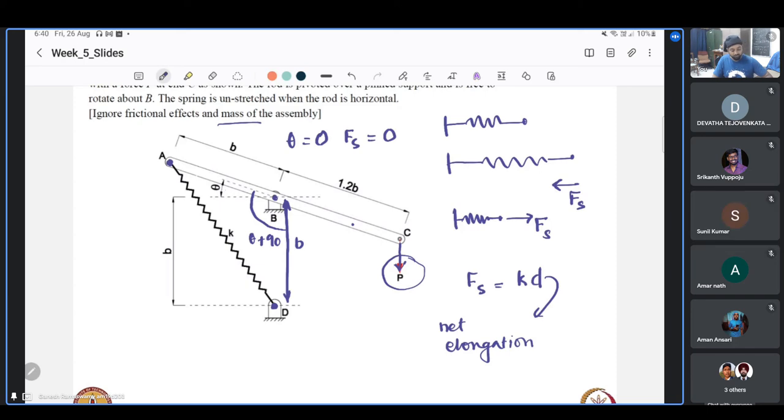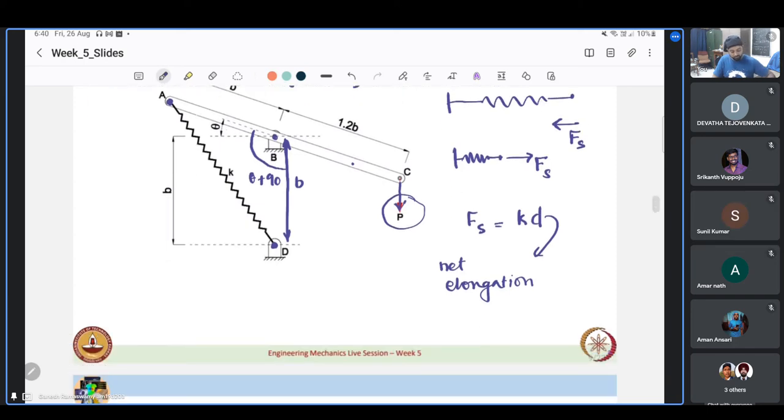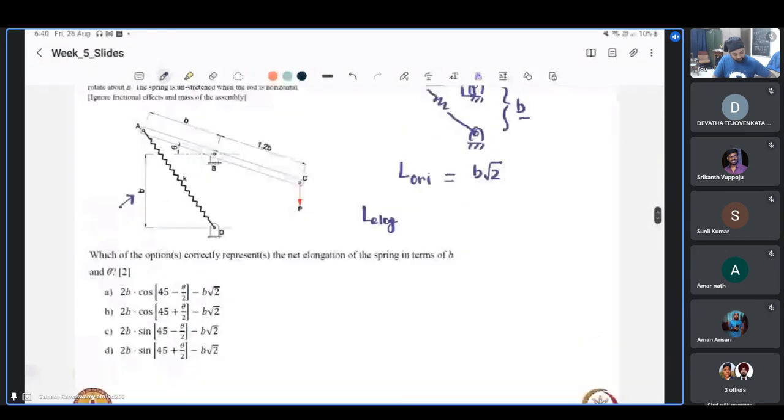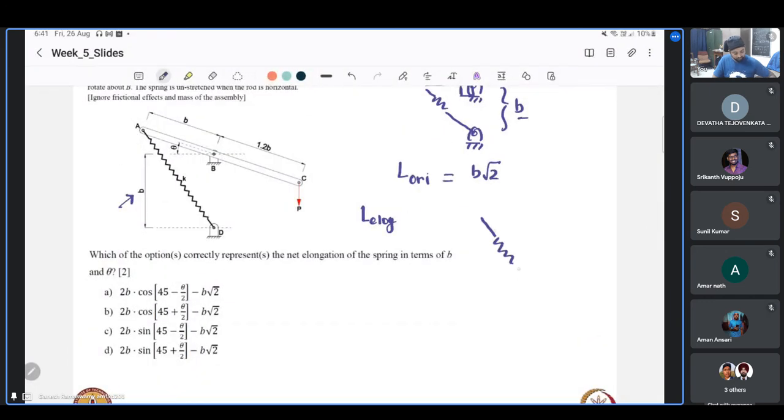So this becomes theta plus 90. If I were to draw the deformed configuration again, it looks something like that. This is 90 plus theta.